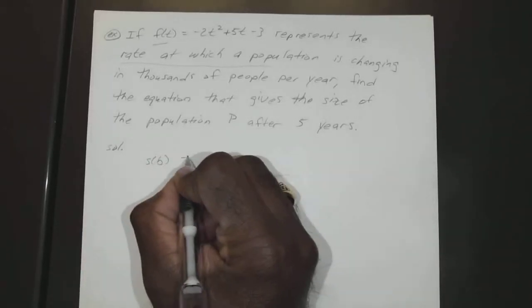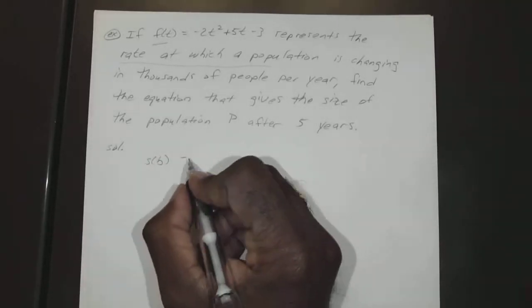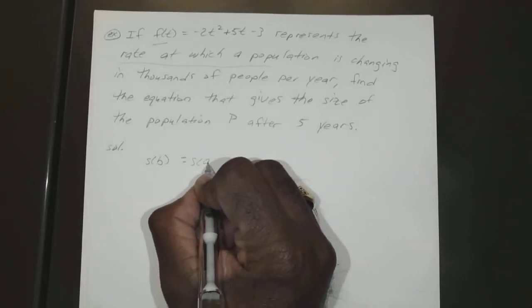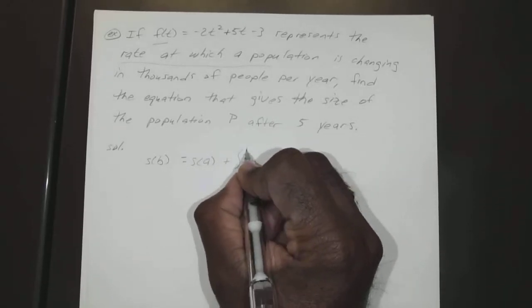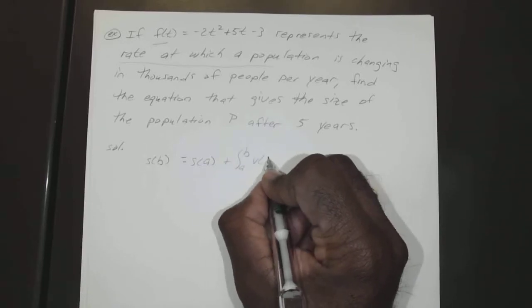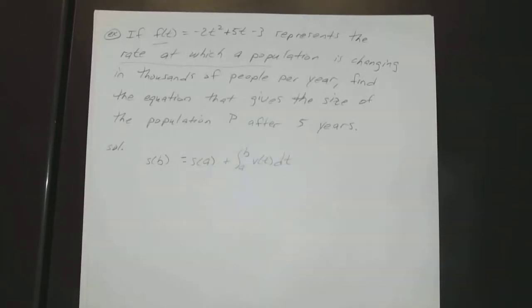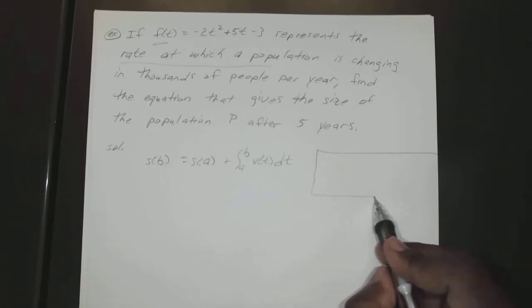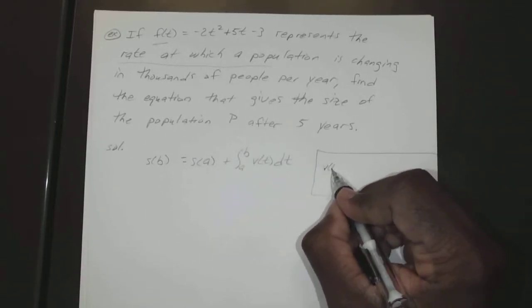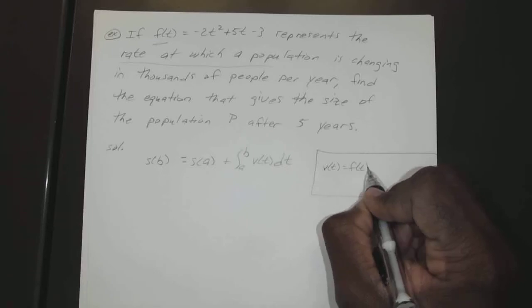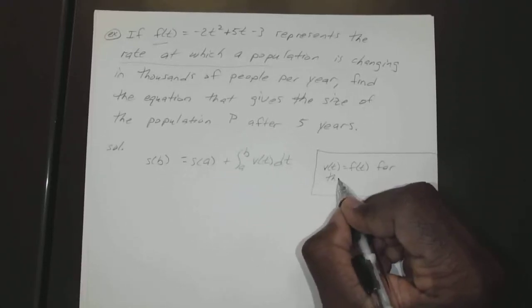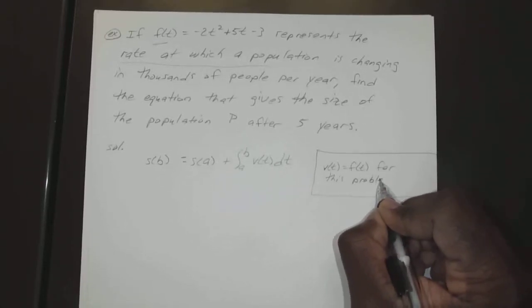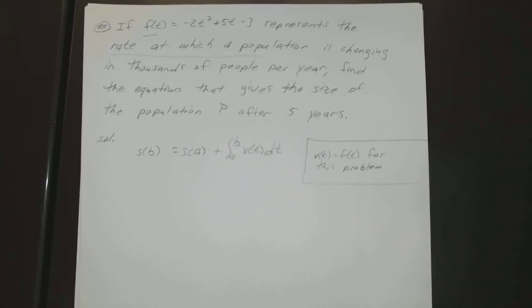Okay, so S of B, I guess you could say f if you wanted to, equals S of A plus the integral from A to B of your velocity function with respect to t. Or in this case, V of t equals f of t for this problem. Okay, so there is no law saying they have to use v, so if you see another variable up there, it's normal.